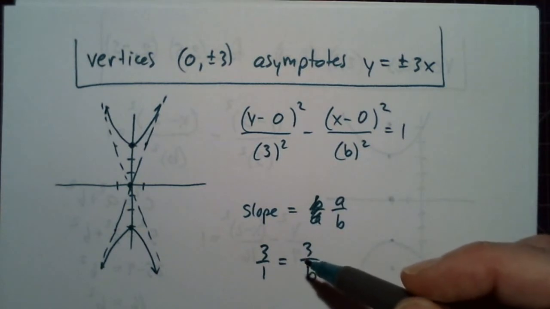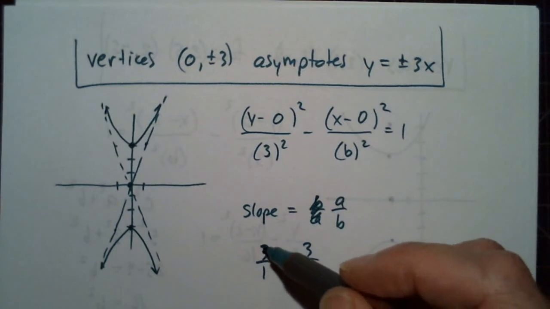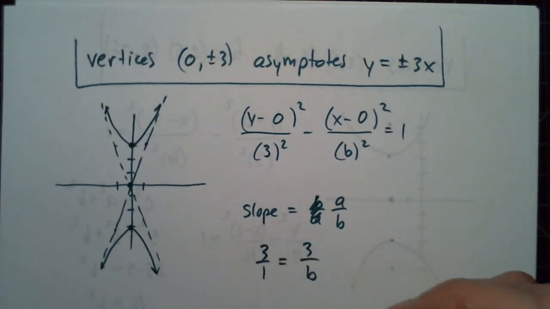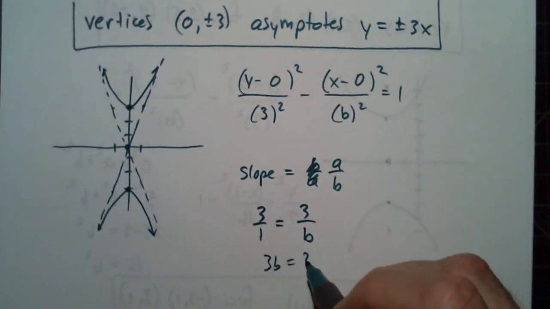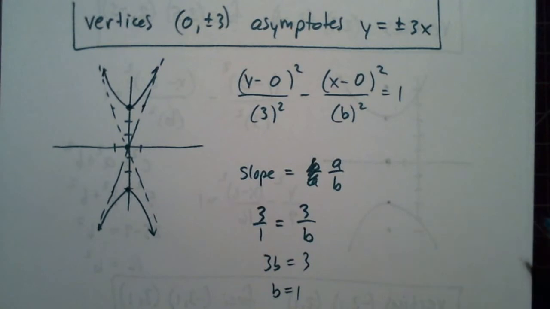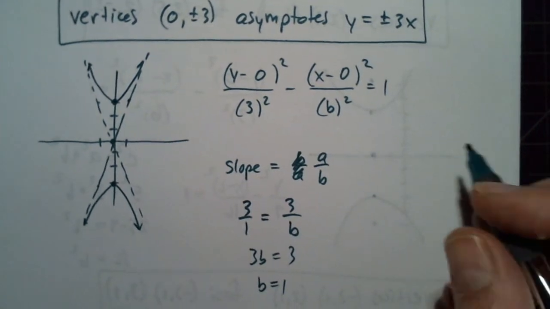But maybe if this were a different fraction, or this could be reduced and we have different numbers there, then we make this proportion and we can see that b equals 1. We have 3b equals 3, and that's everything we need for the equation.